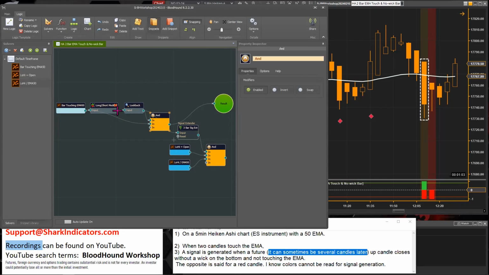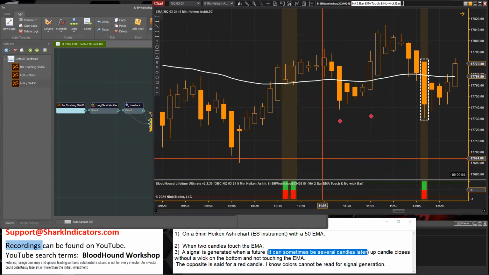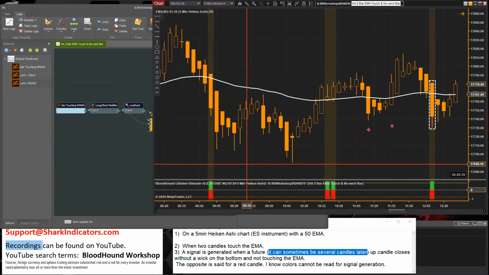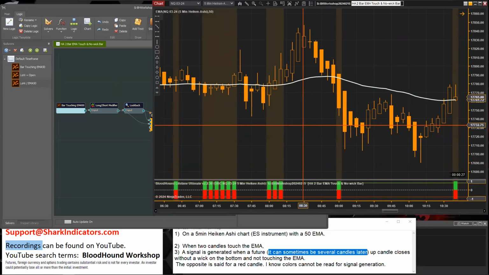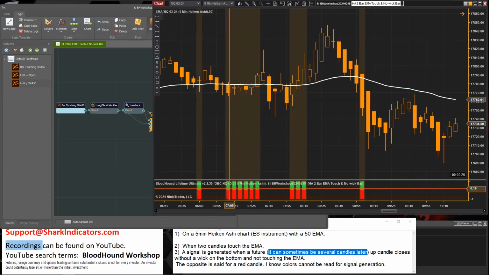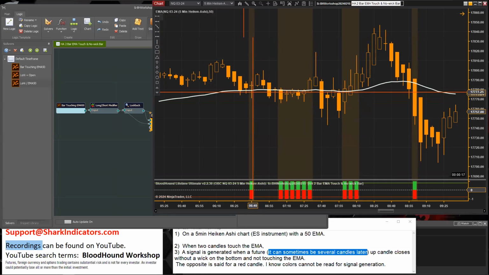And all right, so this is looking good. So what I'm seeing here is we now only have an output when there's at least 2 bars touching the EMA. And let's see.